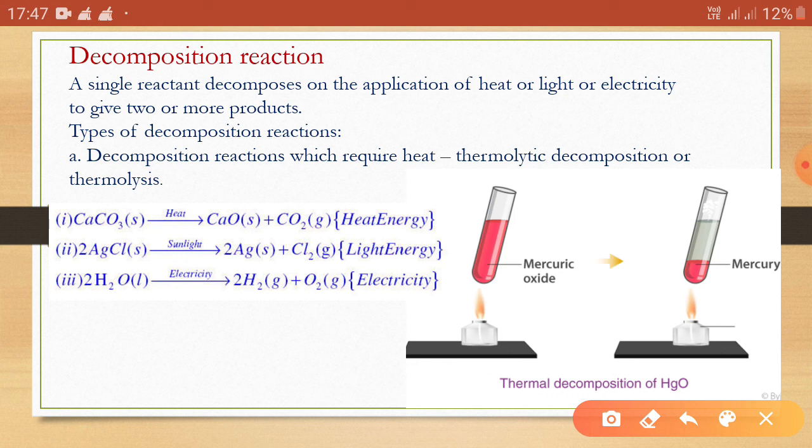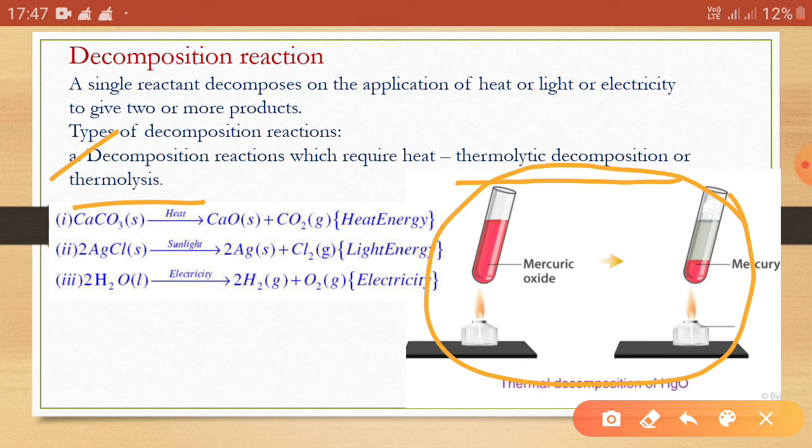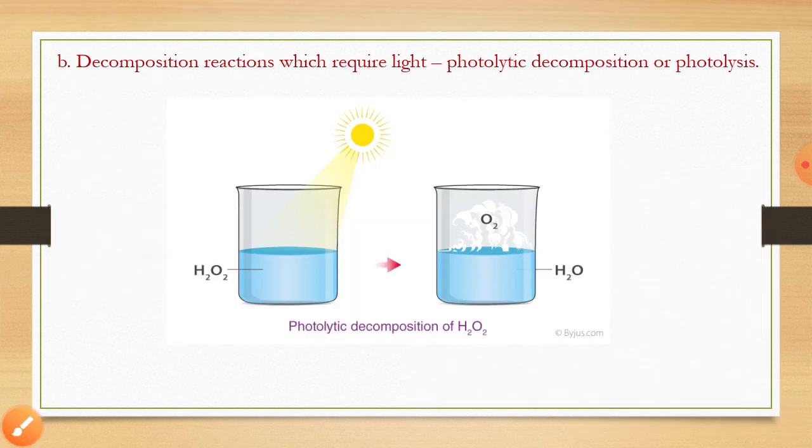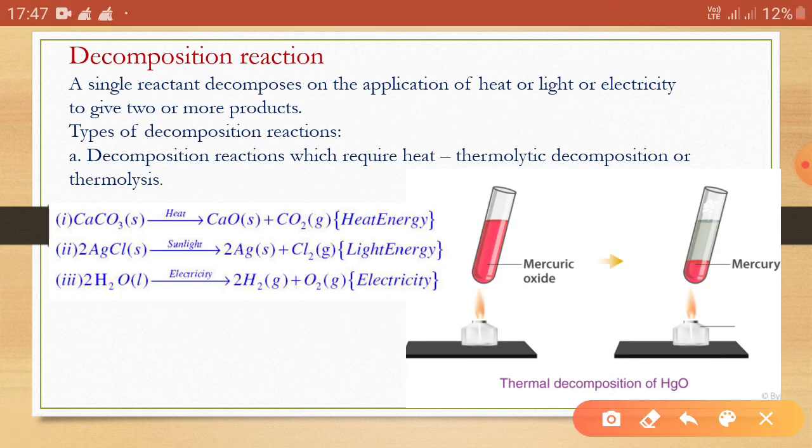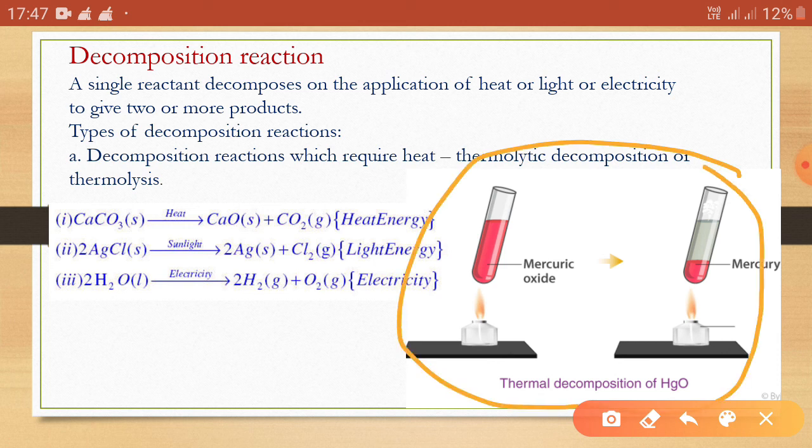The first type is thermolytic decomposition, or thermolysis. If we heat mercuric oxide, it gives us mercury at the bottom as a sublimate and oxygen as a gas.